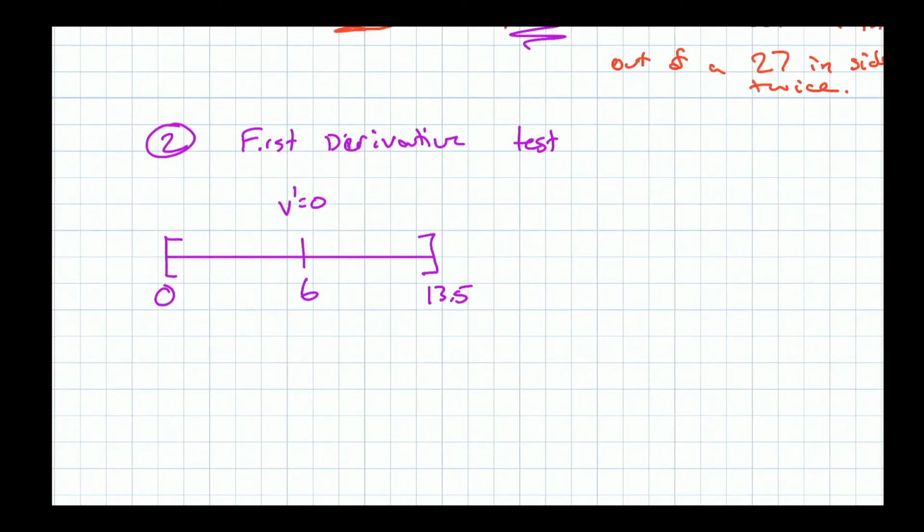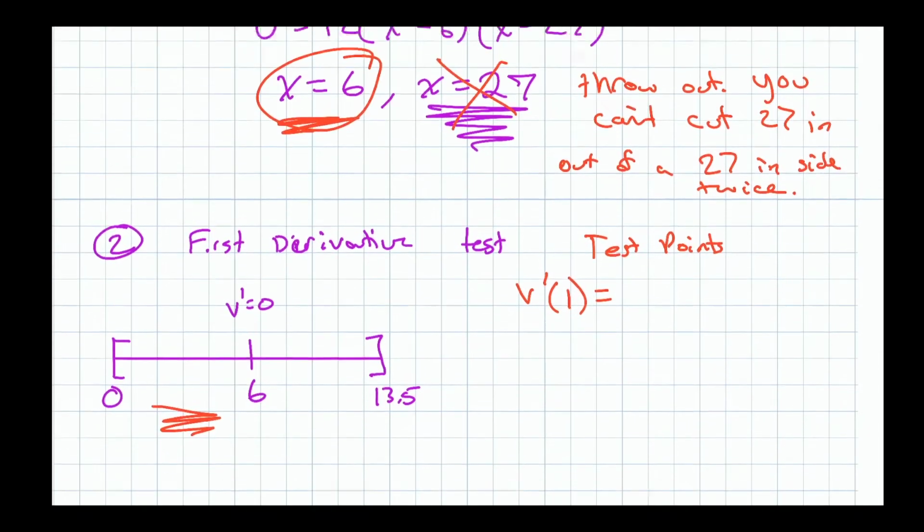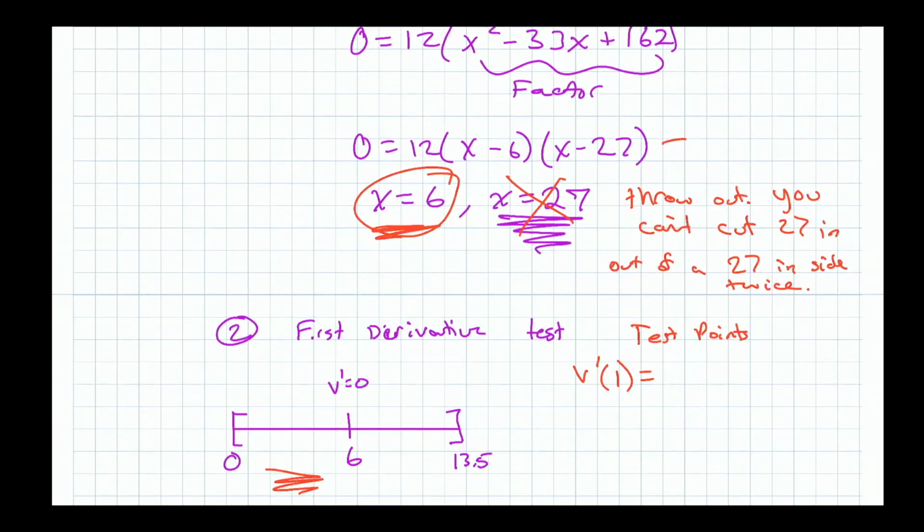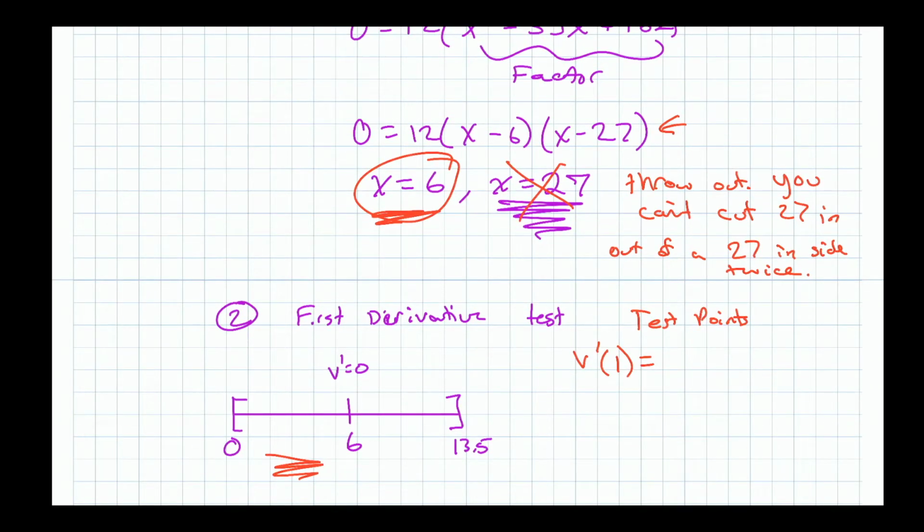We need to test a point in each section. So we need to evaluate v prime at test points. What's a point in this first section? How about 1? What's v prime of 1? There's a lot of versions of v prime. I like this one: 12 times (1 minus 6) times (1 minus 27).